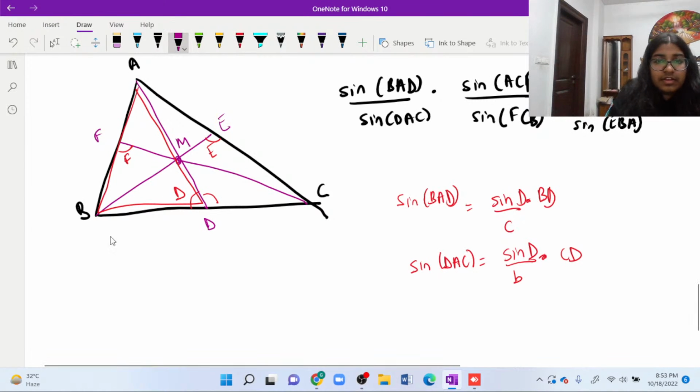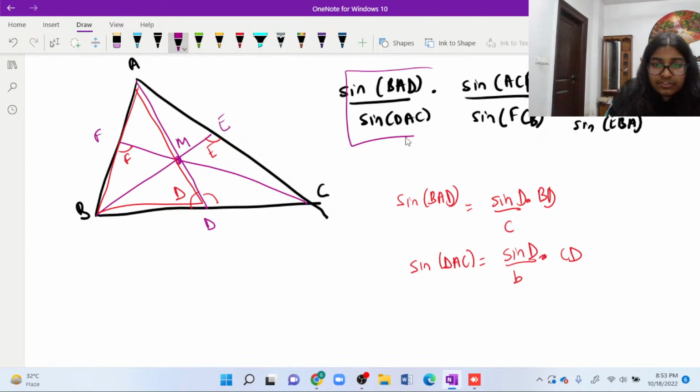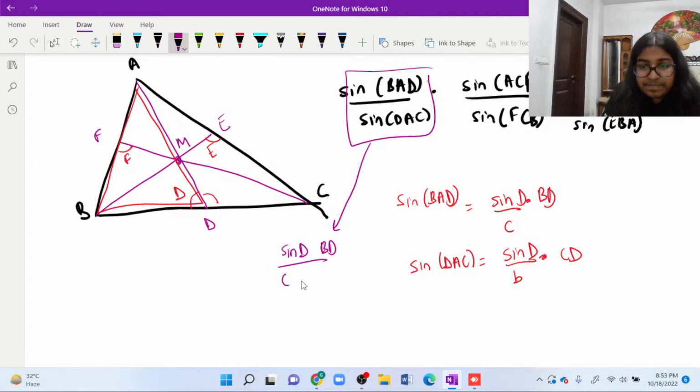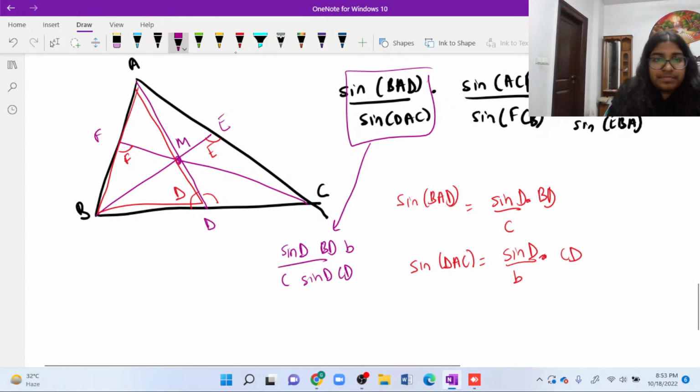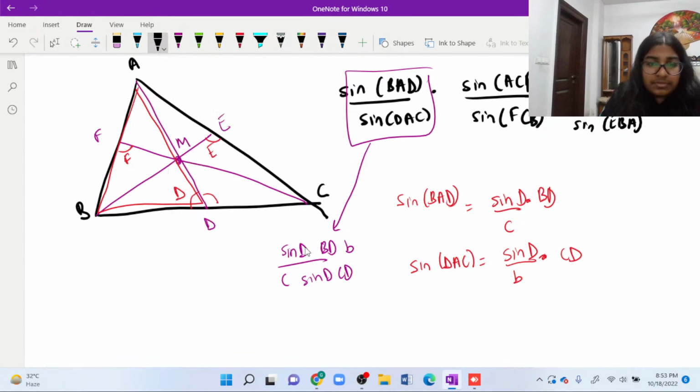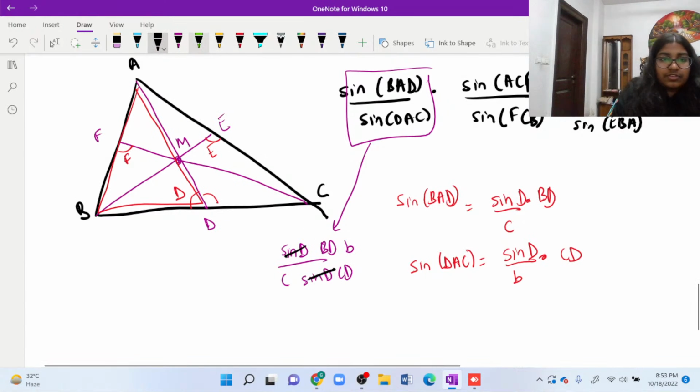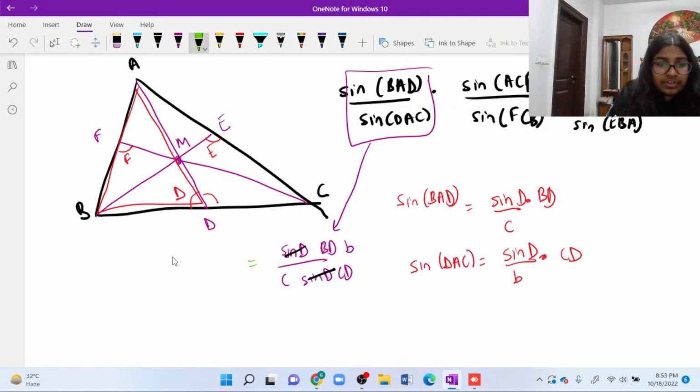And so this fraction will be sine D BD by C, sine D CD by B. And these two terms get cancelled. So the first fraction is just B BD by C CD.